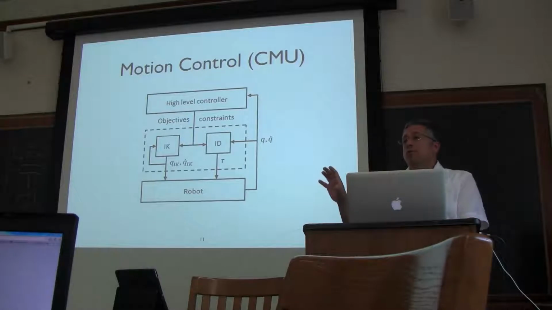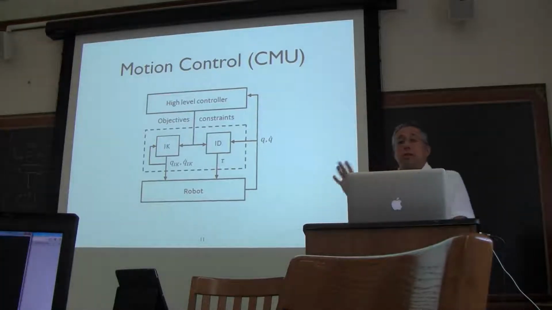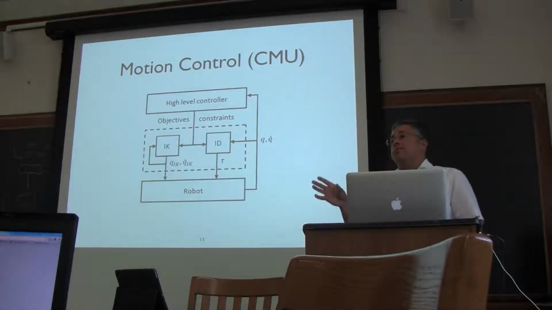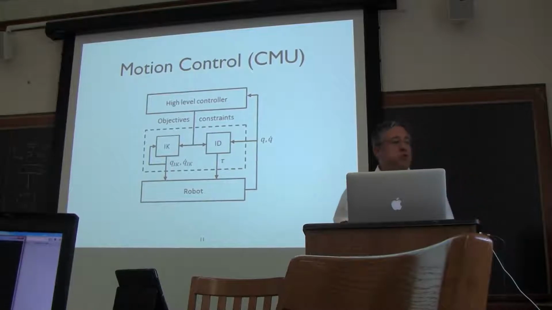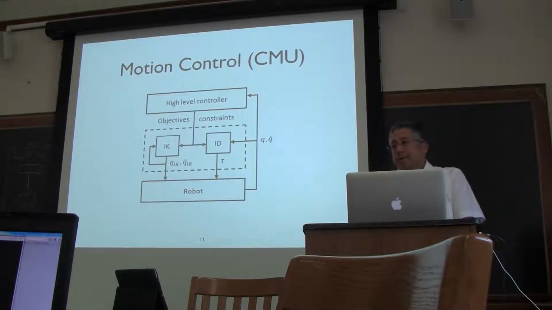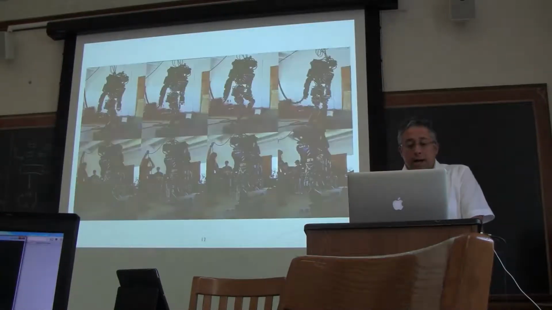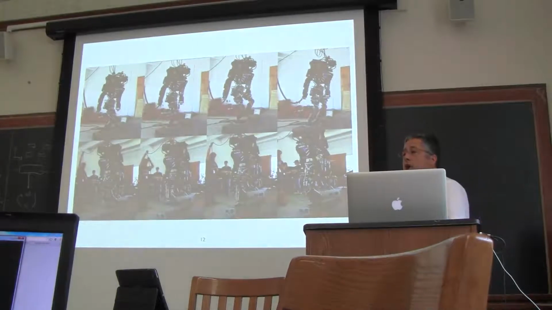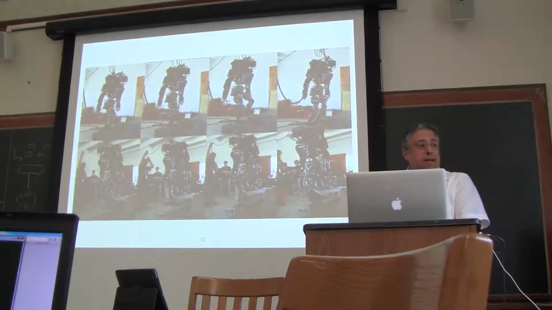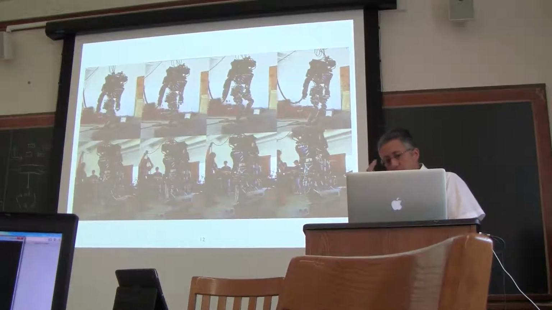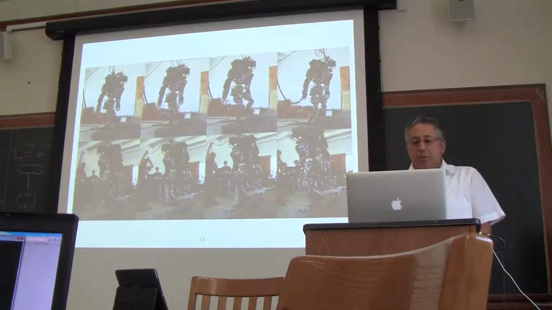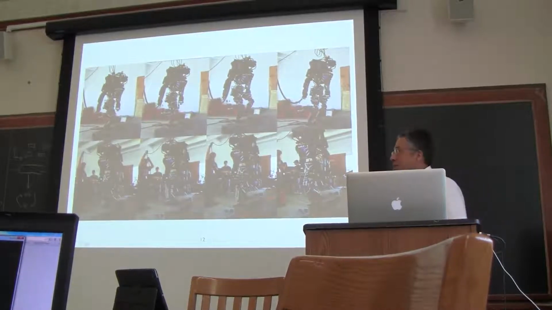Then the low-level controller uses inverse kinematics and inverse dynamics to do a mixture of position and torque control to accomplish certain things we wanted to do on the Atlas. They primarily focused on walking and ladder climbing when developing the low-level controller. These are some of the tests that we ran in the garages during the trials.